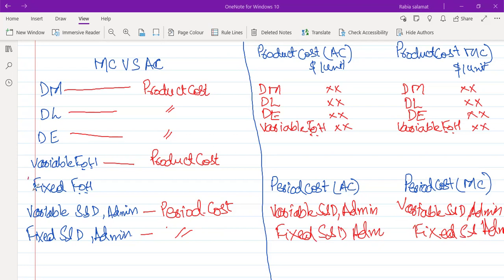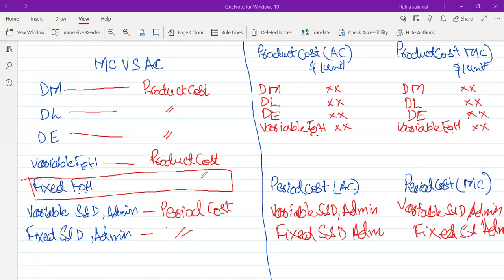So there is only one conflict point, that is fixed factory overhead, not the fixed cost. If you use the word fixed cost, it is a broader term. It includes fixed selling and distribution also. So please focus, the point of difference or the conflict is fixed production overheads or the fixed factory overheads.